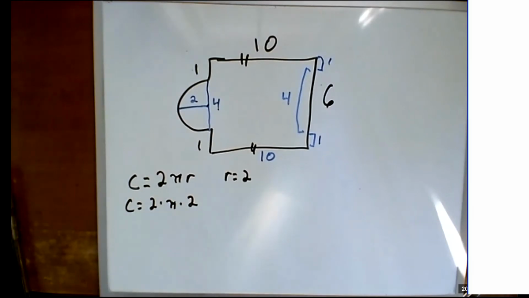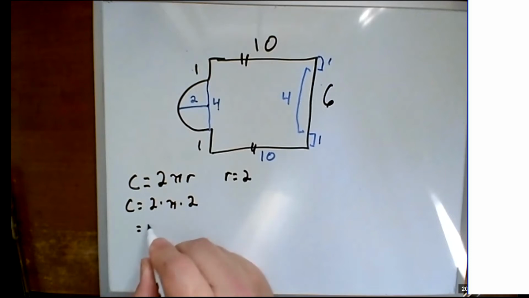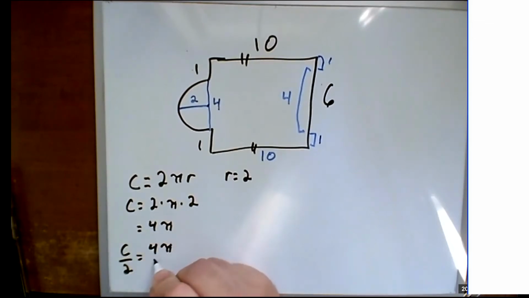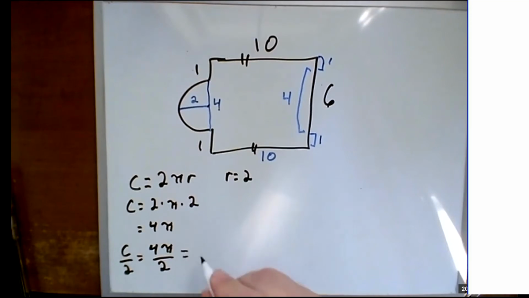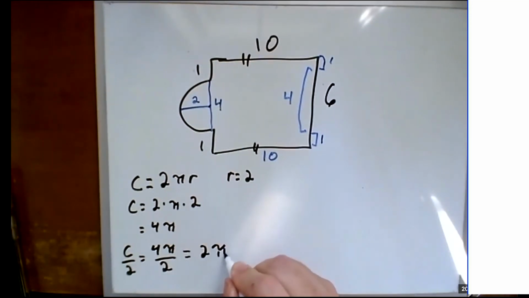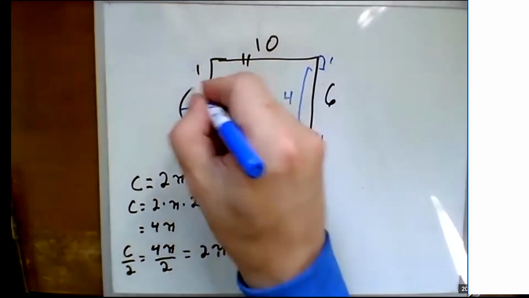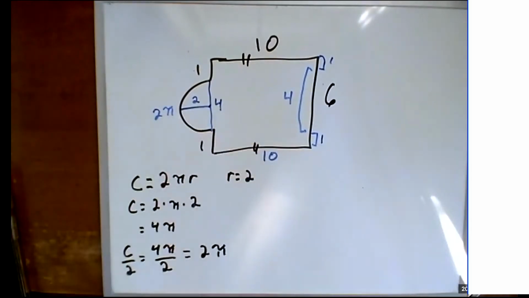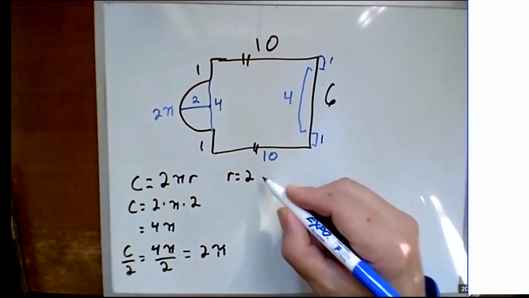I'll multiply my 2's together, and it tells me that our circumference is going to be equal to 4 pi. But that's for the whole circle. I just want half of the circle, which I'll represent by our circumference divided by 2. That means our 4 pi will also be divided by 2, which means ultimately we're just looking at 2 pi. So this section of our perimeter is equal to 2 pi. Having now put together all of the pieces along the outside, I can go ahead and calculate our perimeter.